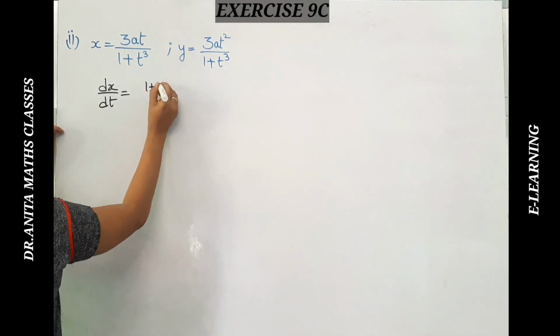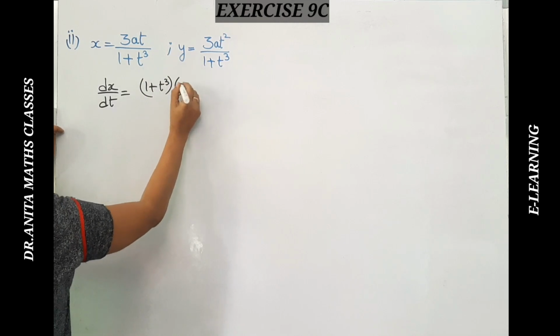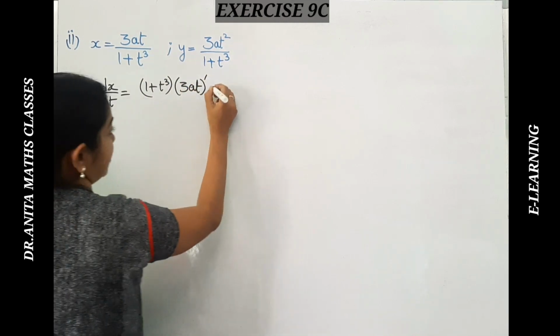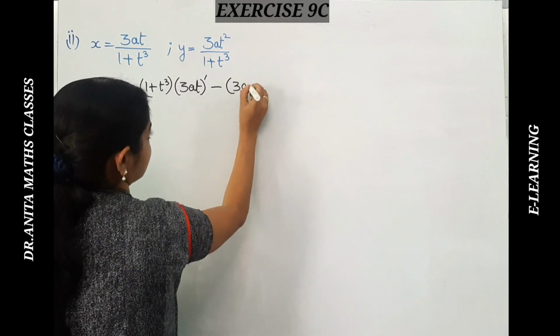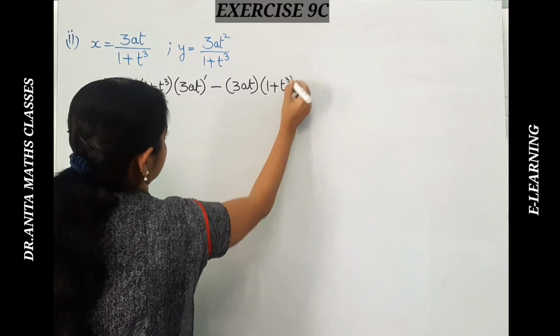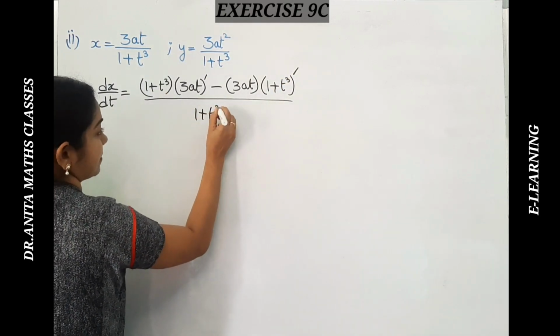So that is v into u dash, minus u into v dash, divided by v square.